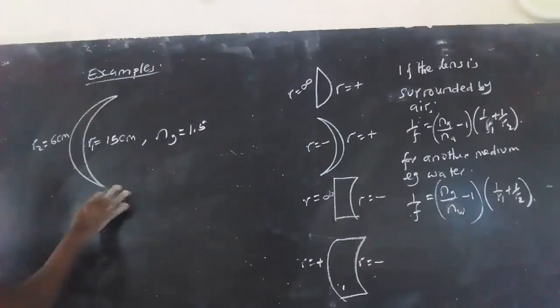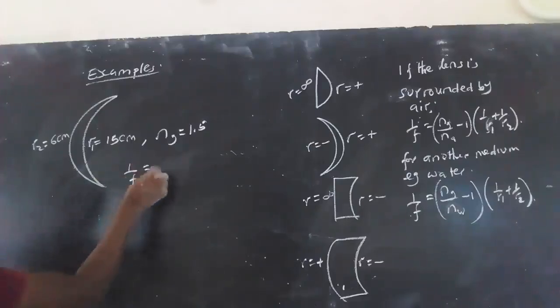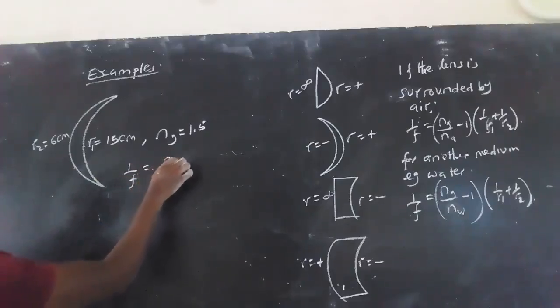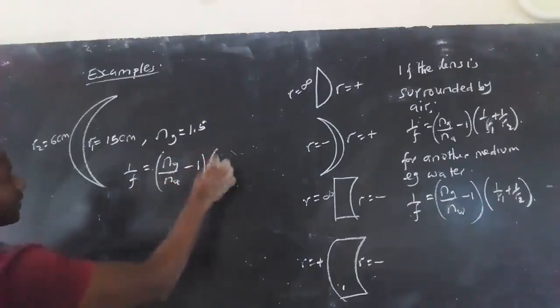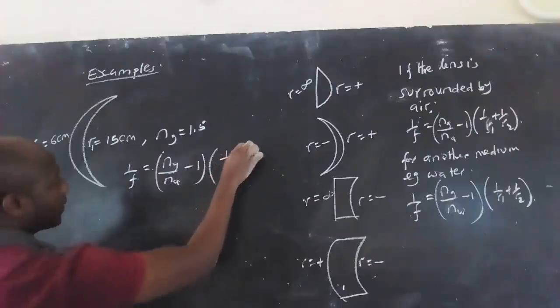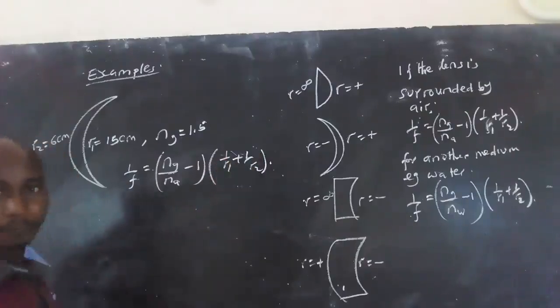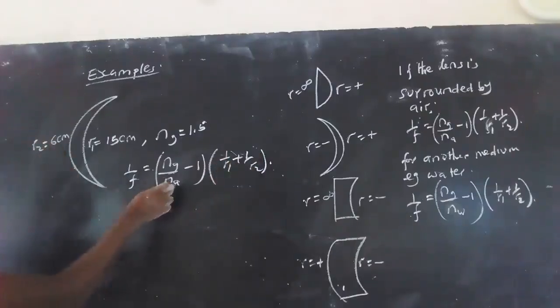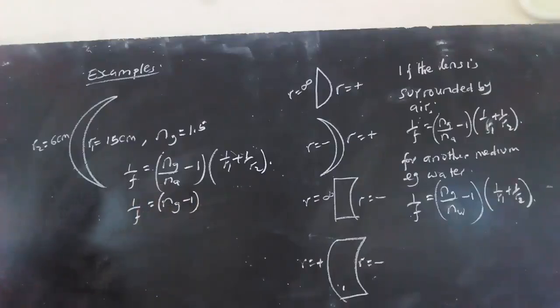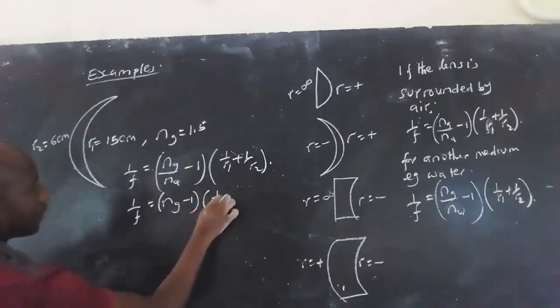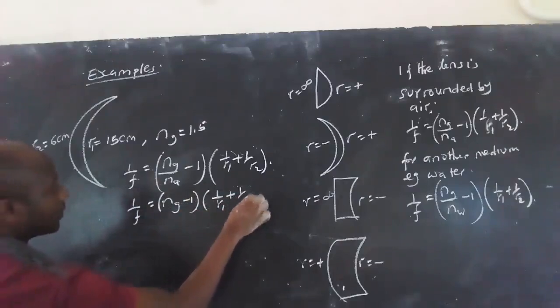So when surrounded by air, 1 over F is equal to N glass over N air minus 1 into 1 over R1 plus 1 over R2. But the index of air is 1. So 1 over F is equal to N glass minus 1 into 1 over R1 plus 1 over R2.